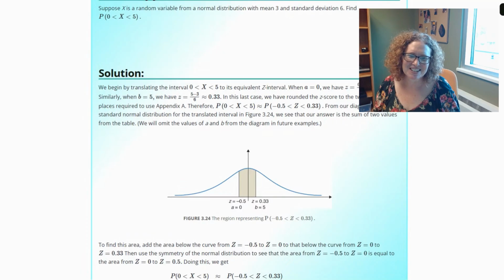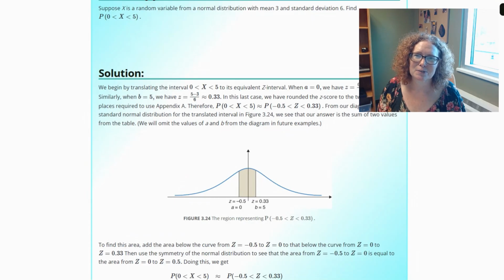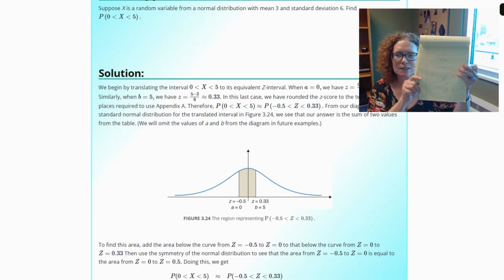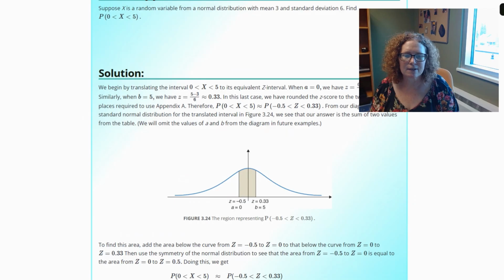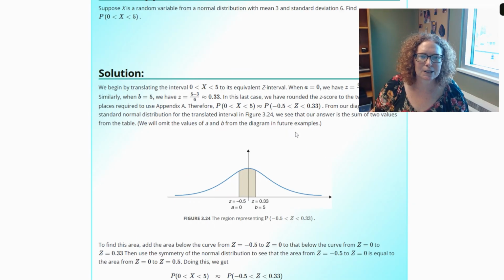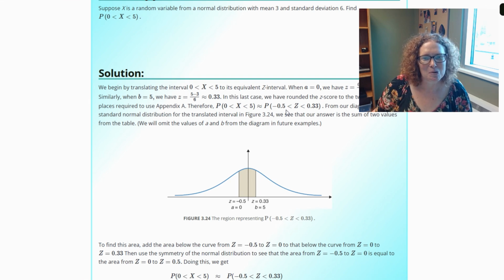We can use the calculator, 1 divided by 3, or if you remember from way back in your math, 1/3 is approximately equal to 0.33. So the probability is approximately equal to negative 0.5 is less than z is less than 0.33.